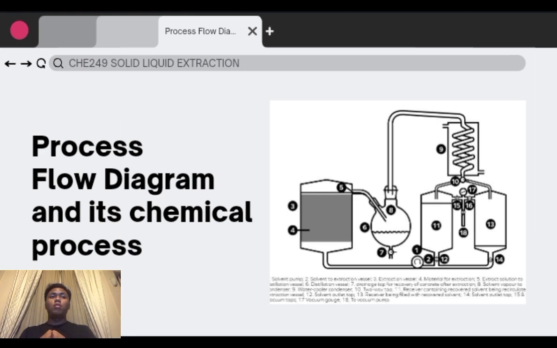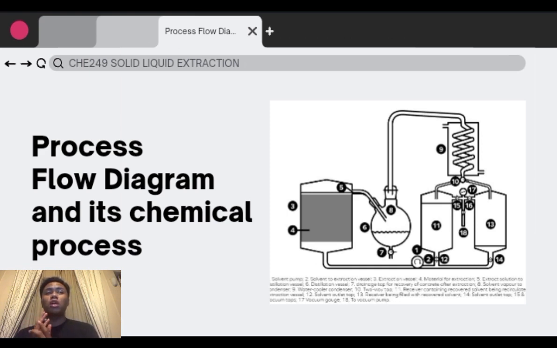Okay, this is the PFD for this extraction process, and this is actually a process of the circulation of the solvent. But why I take this is because there is also the solid liquid extraction process in it. Okay, so where can we see the process flow?